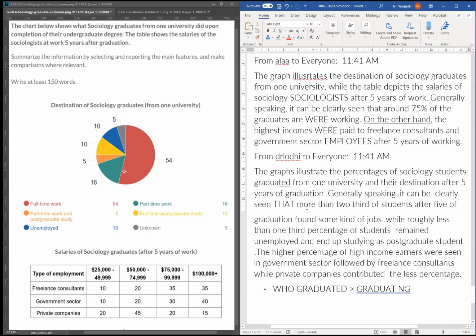Okay. Generally, we've seen that more than two-thirds. Be careful. 2/3 of students five years after graduation. Not after 5 of graduation or after 5 years of graduation, but 5 years after graduation, found some kind of job, comma, while roughly less than 1/3.